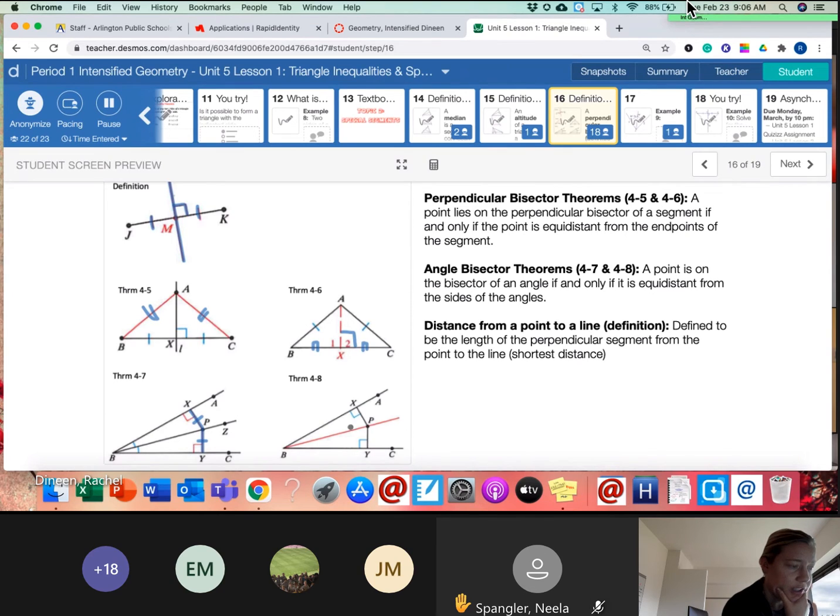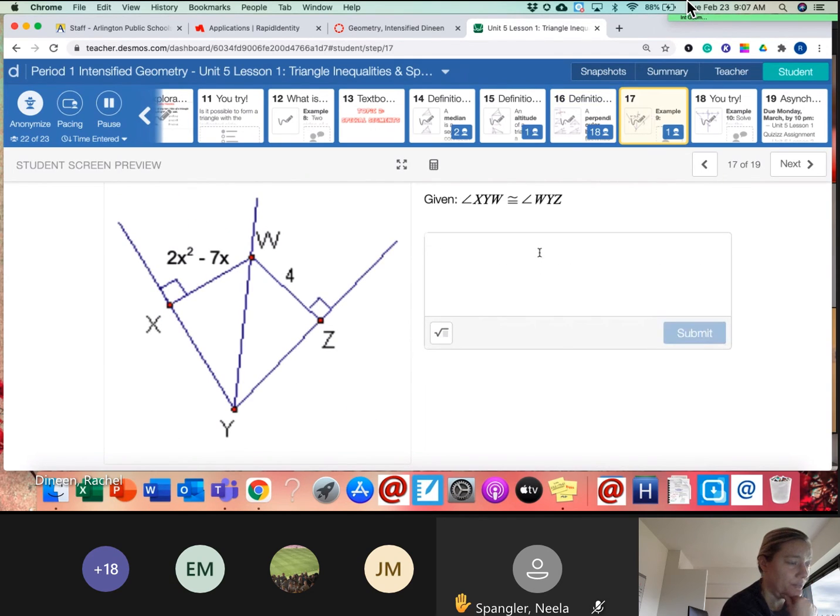Same thing here: if you see that these are perpendicular, you know that it bisects the angle. One last thing: the distance from a point to a line, by definition, is always the shortest distance. So let's look at 17.